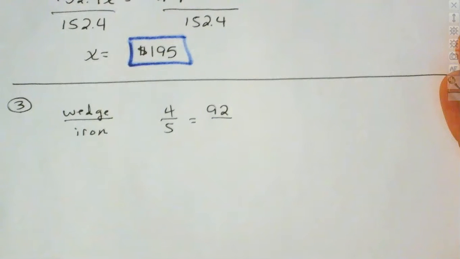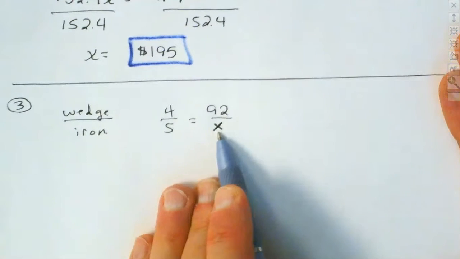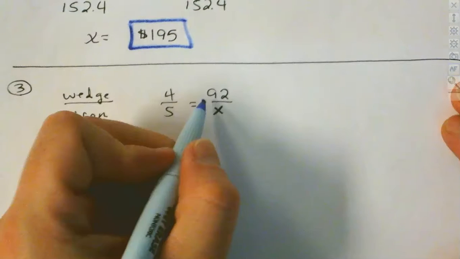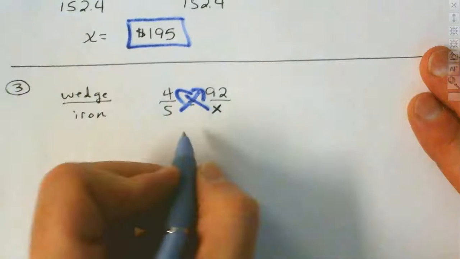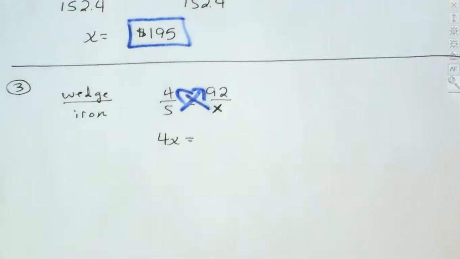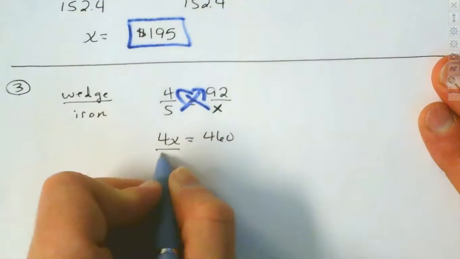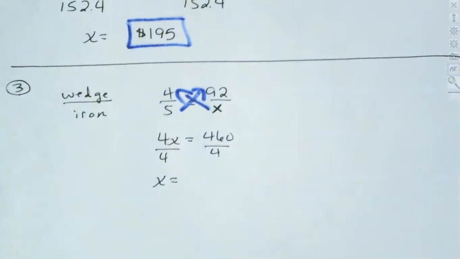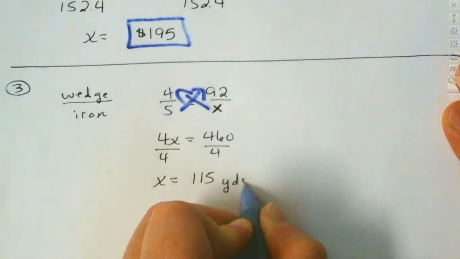And down below, we don't know the 8-iron, so that's unknown. Now we can cross multiply and get our new value. That gives you 4x equals, when you multiply 92 times 5, that's 460. We'll divide by our 4, and now we know that x comes out to be 115, and that's yards.